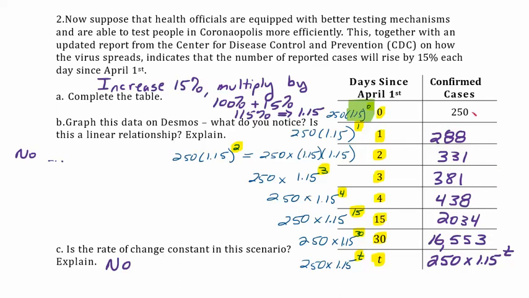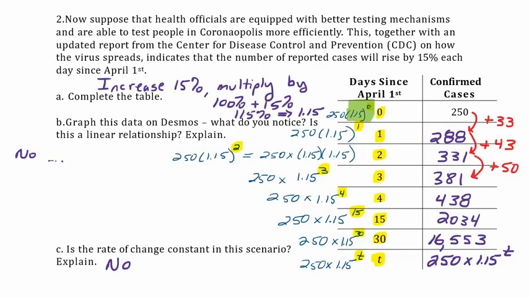So from day 0 to day 1, if we subtract 288 minus 250, we'll see that we added 33 cases. From day 1 to day 2, if we subtract 331, take away 288, that's going to be 43. So already we can see I don't have a constant rate of change. If I subtract these two, I'm going to get 50.